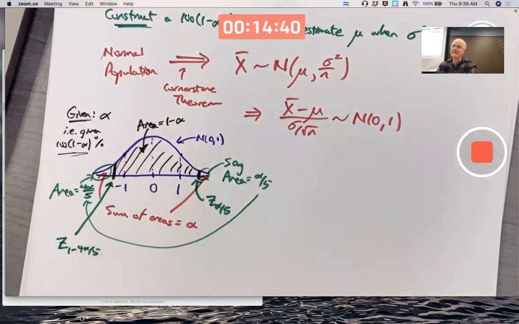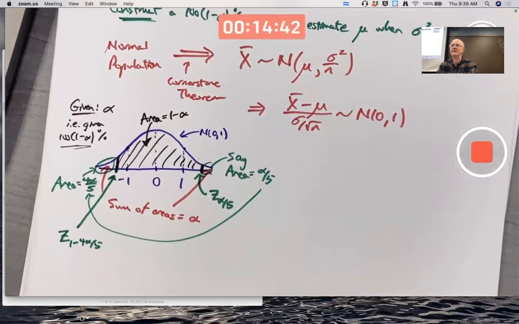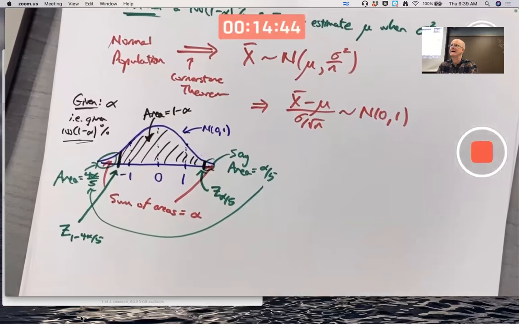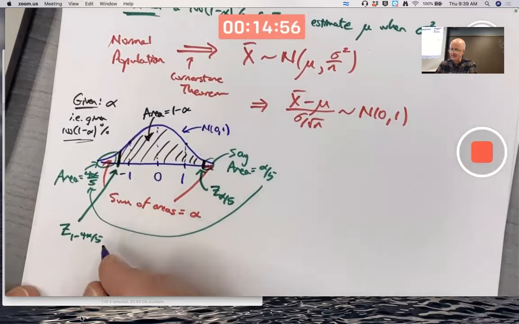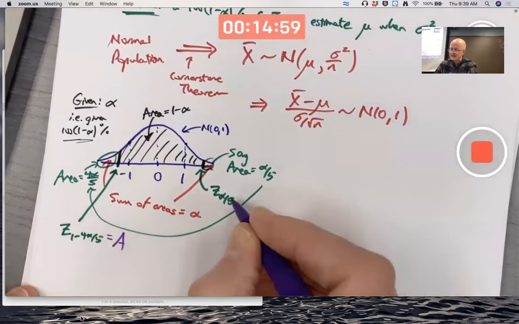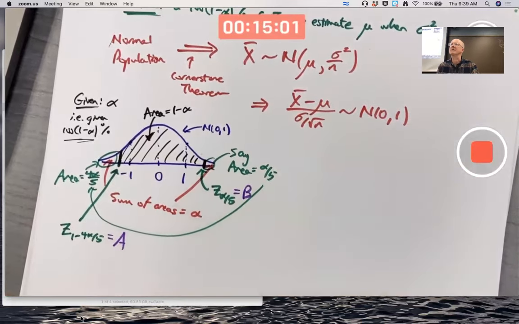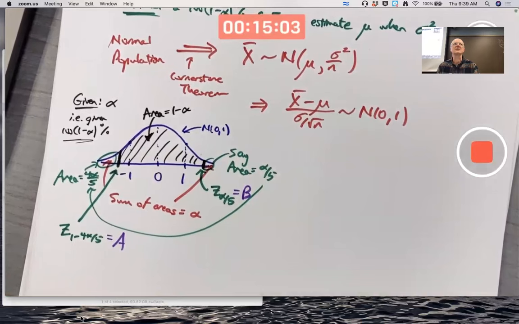But that's what it would be about our standard labeling. Just so the notation's not so nasty, let me give these alternative names. Let's call this capital A and let's call this capital B, just to make the notation a little simpler, if you want to write a note to yourself.